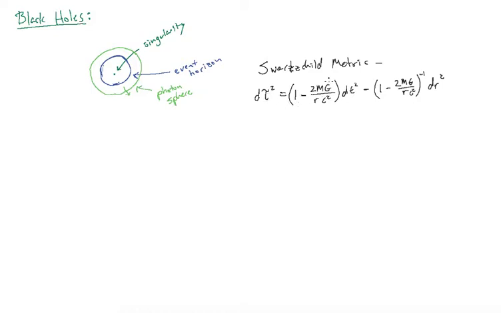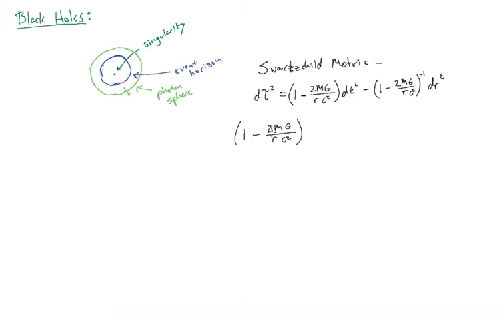And if we look at just this part here, 2mg over rc squared, 1 minus 2mg over rc squared. Well, what happens at first is this rc squared is really big, so if 2mg is smaller than rc squared, then this number is less than 1 and we get 1 minus a number less than 1.